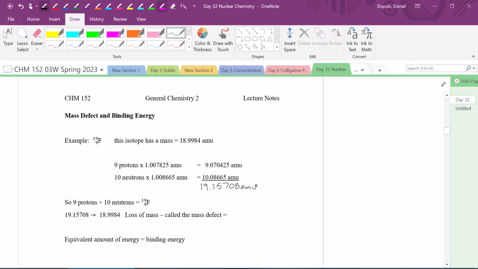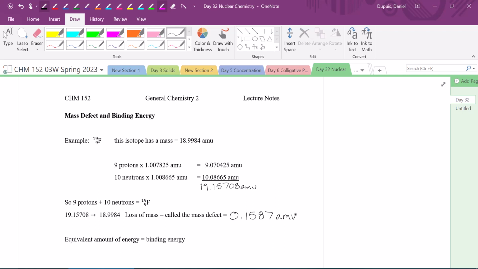However, the periodic table says it's 18.998403, and it keeps going. So the periodic table is different from what we calculate, which is weird. The difference between 19.15708 minus 18.9984 is 0.1587 AMU.